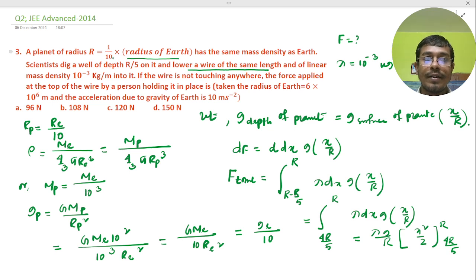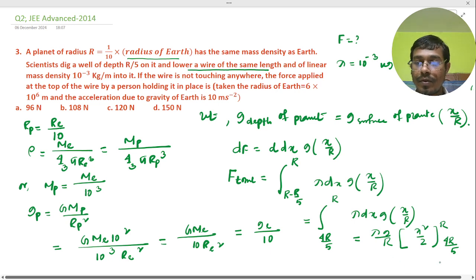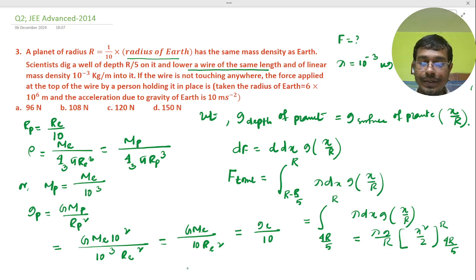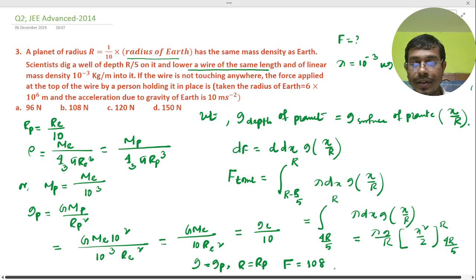So r equals 1 by 10th of the radius of earth, and the mass density becomes 10 to the power minus 3, and put the value of g for the planet, g P, and radius r P, and put all the values and get the result, 108 Newton.